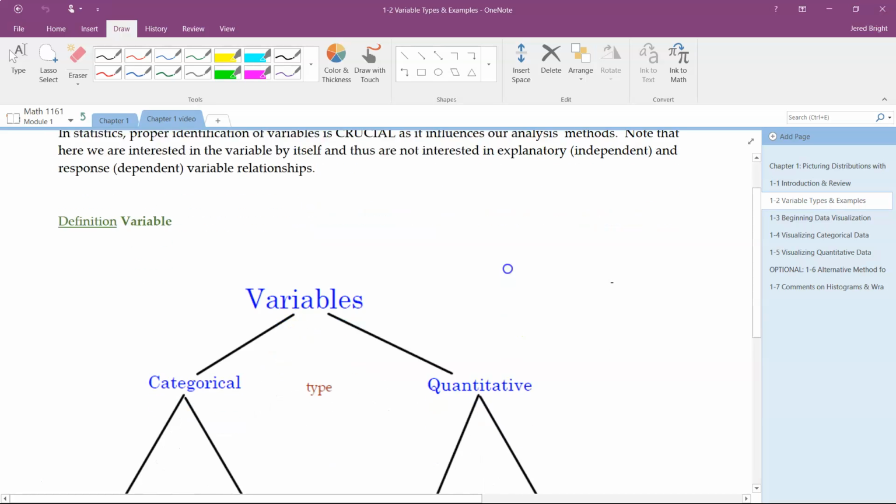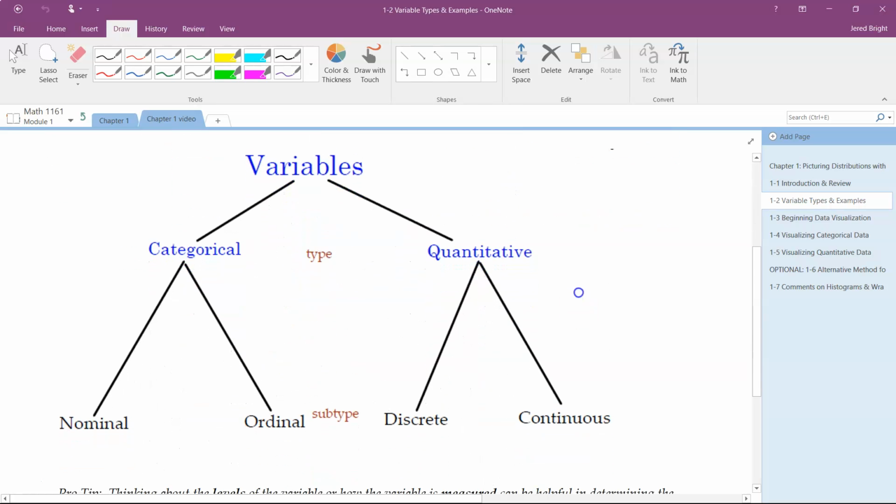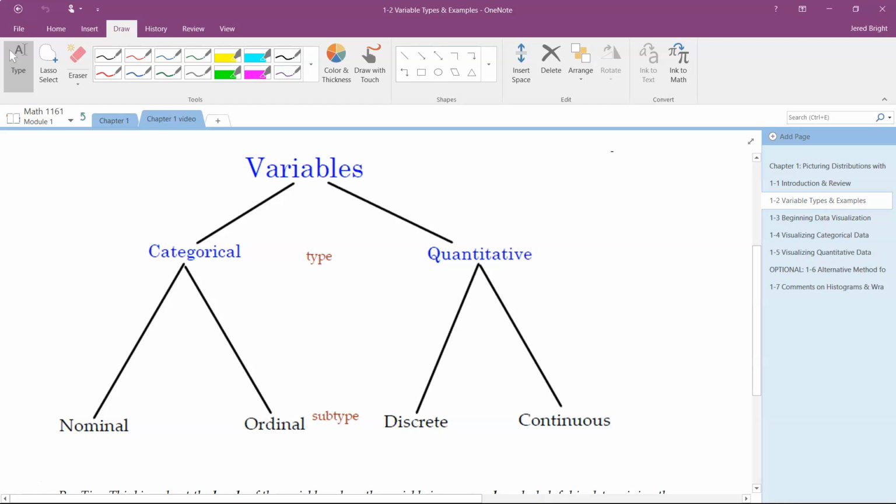All the variables that we can possibly imagine are separated into two general types, and those general types have subtypes. You can see on the screen I have the types as categorical and quantitative, and then subtypes thereafter. Let's focus on the types first.